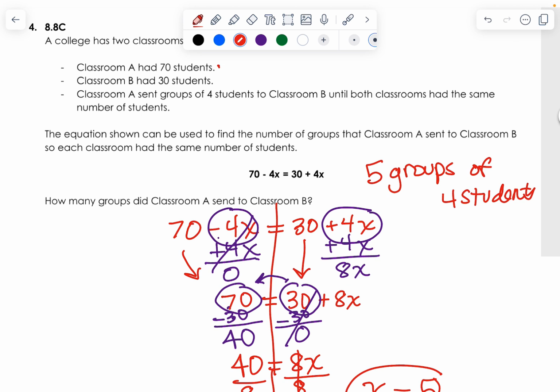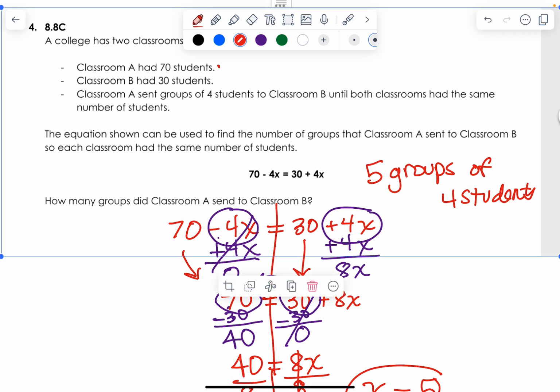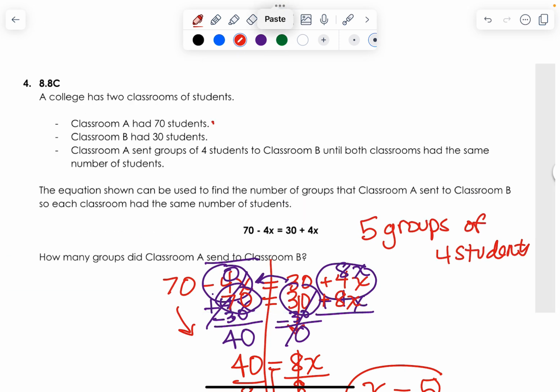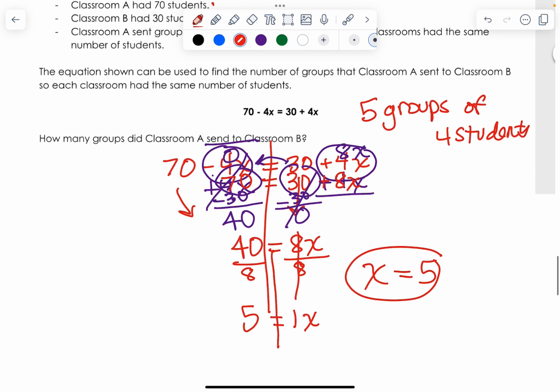We could check our work by plugging in 5 everywhere we saw an x, and we can do that right now with Desmos, maybe. All right, it's not going to let me open Desmos, but you could plug this into our equation and do 70 minus 4 times 5 is equal to 30 plus 4 times 5.